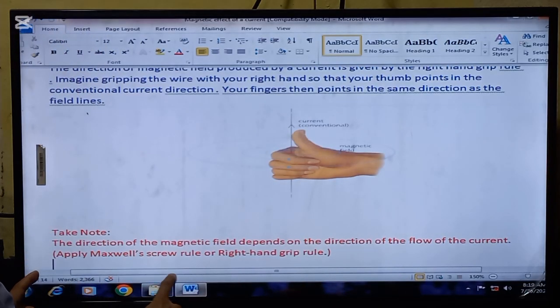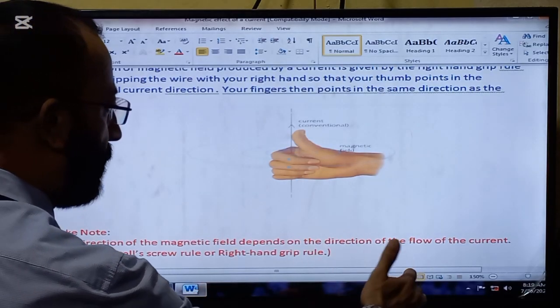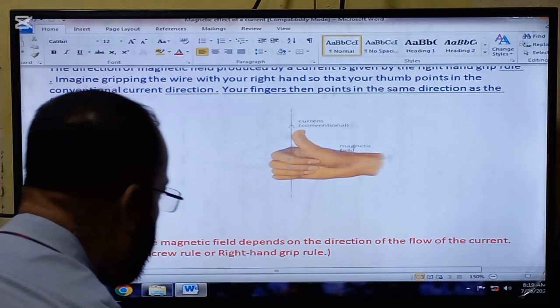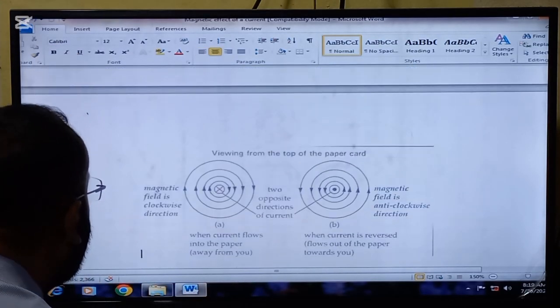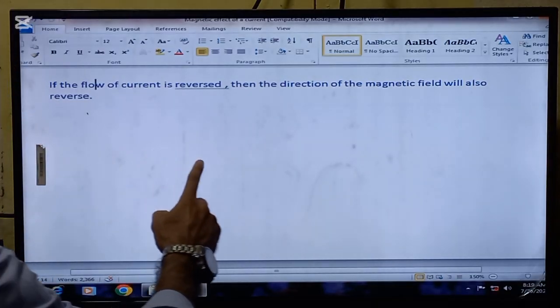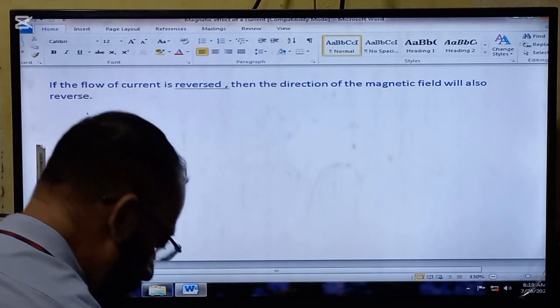The direction of the magnetic field depends on the direction of the flow of the current, or the direction of the flow of the current depends on the direction of the magnetic field. So these are depending on each other. If the flow of the current is reversed, then the direction of the magnetic field will also be reversed.